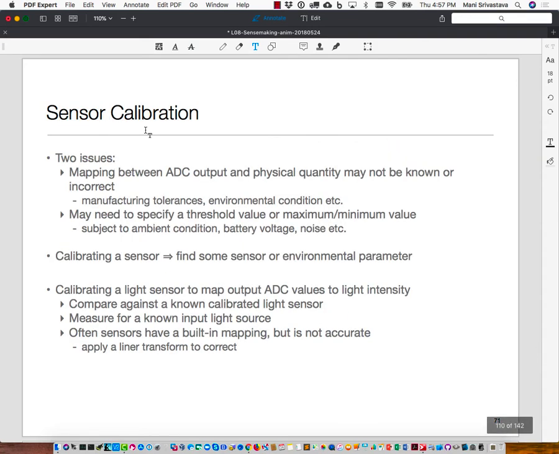Another issue which comes with sensors is calibration. The challenge in calibration is that you are measuring some underlying physical phenomenon, and then you are reporting a digital value. What is the mapping between the two?